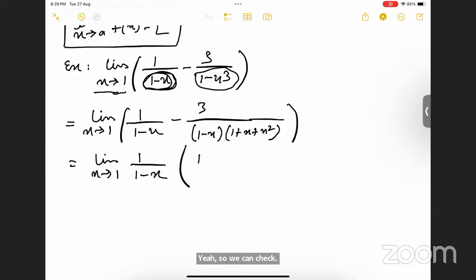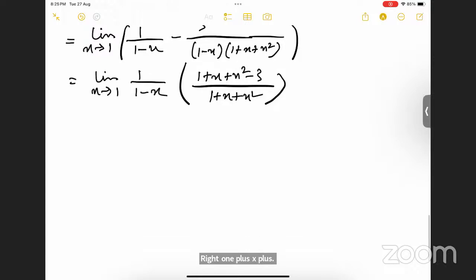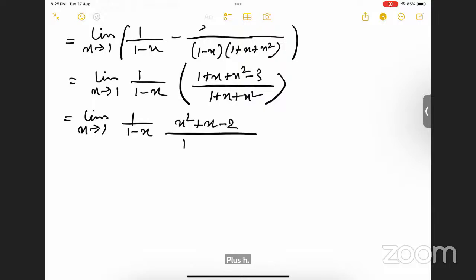So it will be 1 plus x squared minus 3 by 1 plus x squared, times 1 by 1 minus x. So it is x squared plus x minus 2 over 1 plus x squared.